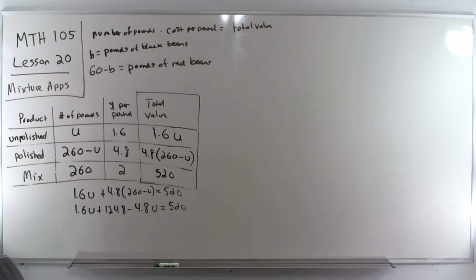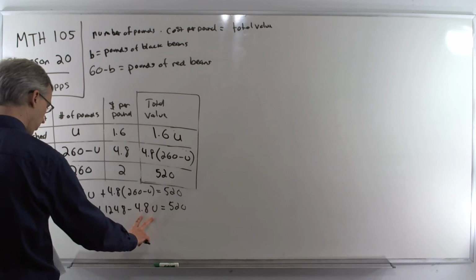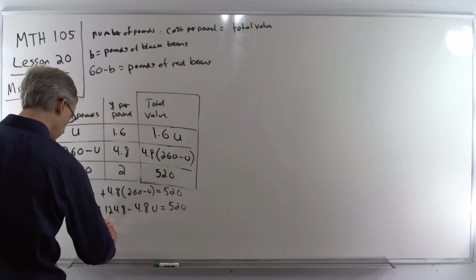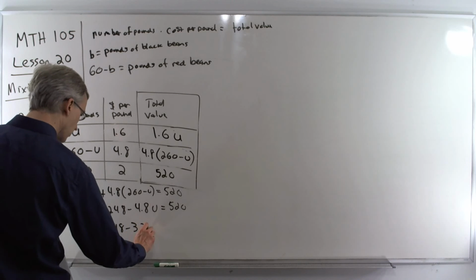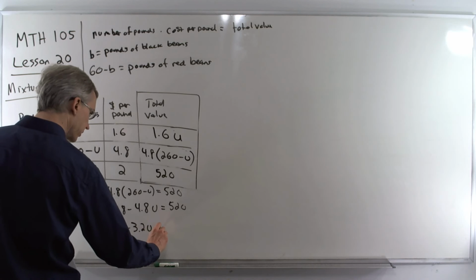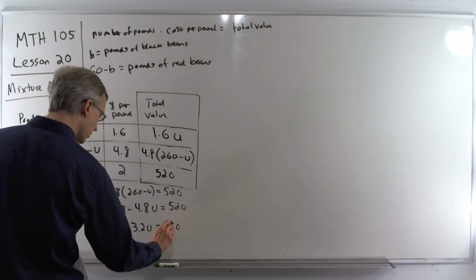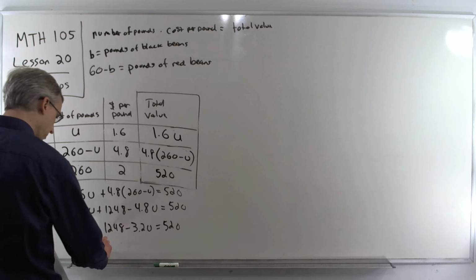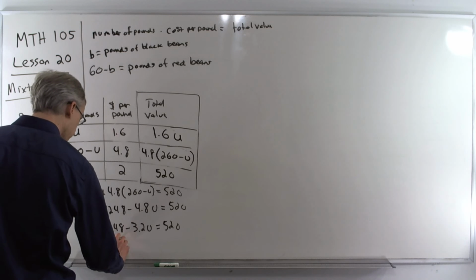And now we can combine like terms, so 1.6U minus 4.8U. So that's minus 3.2U. And now I'm going to get all the numbers to the right by subtracting 1248.